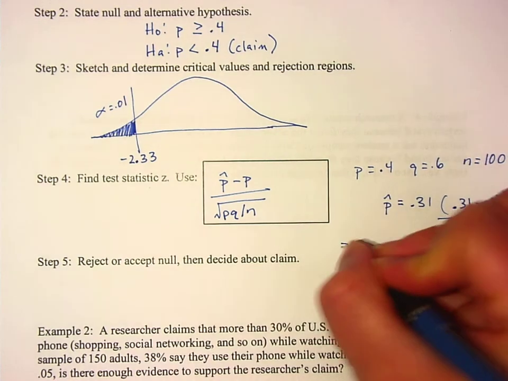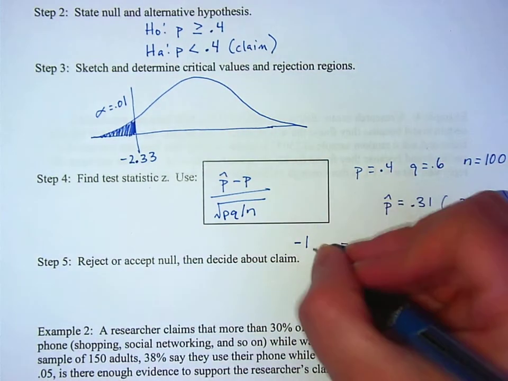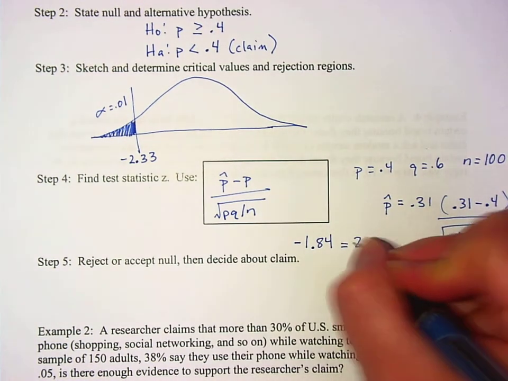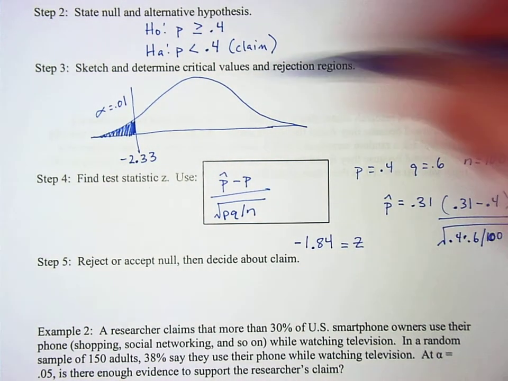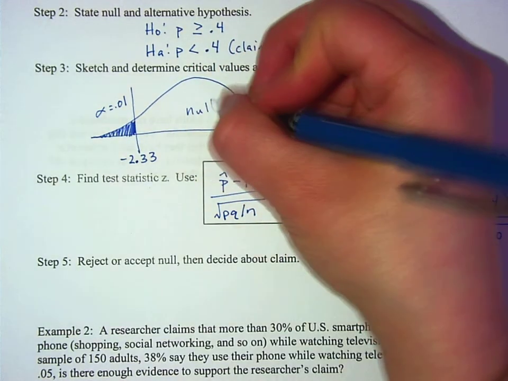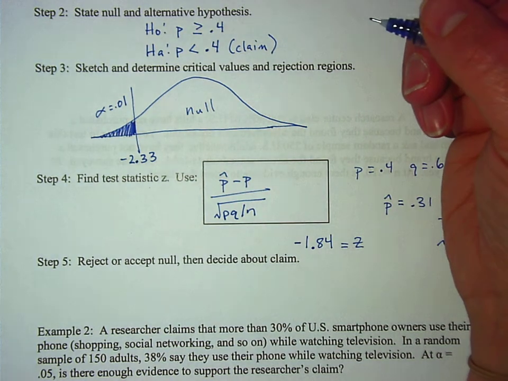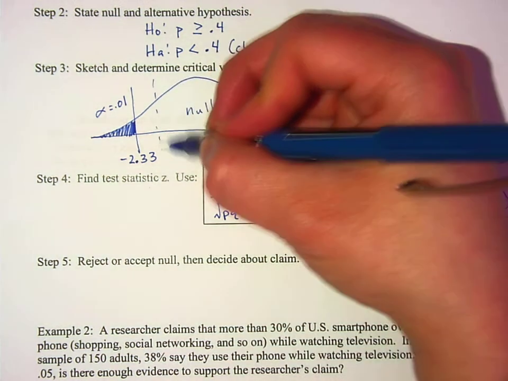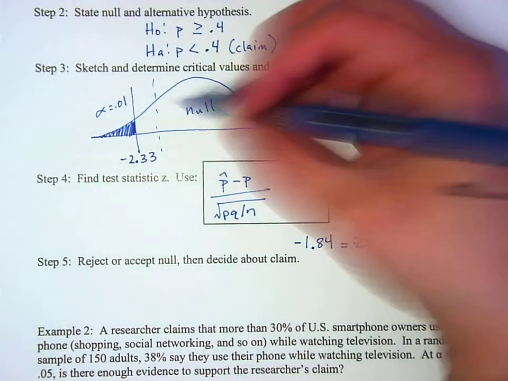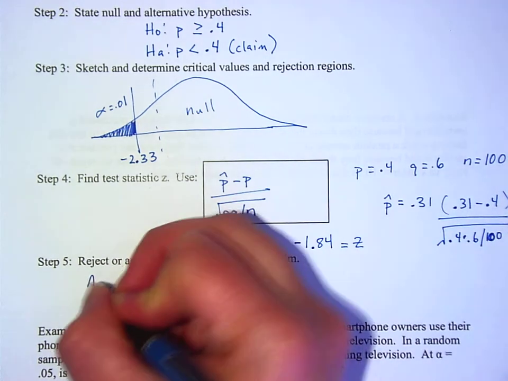All right, I got negative 1.84. You guys get the same thing? Okay. And that's a z-score. All right, so where does that fall here? Does it fall in the rejection region or does it fall in the null? Right about here, negative 1.84. So do we accept or reject the null if it falls in the null? Accept. Right, so we're going to accept the null.